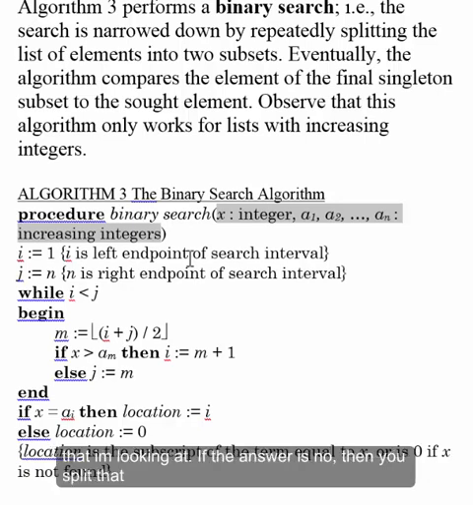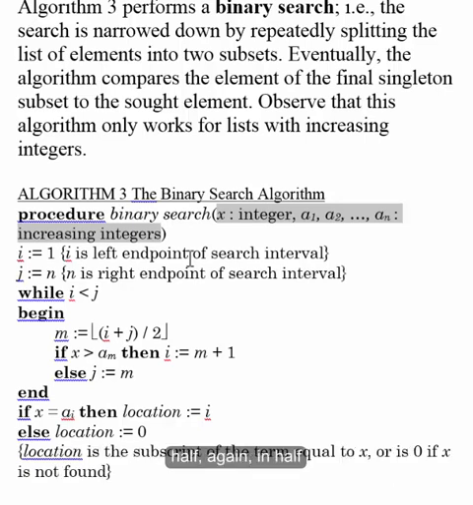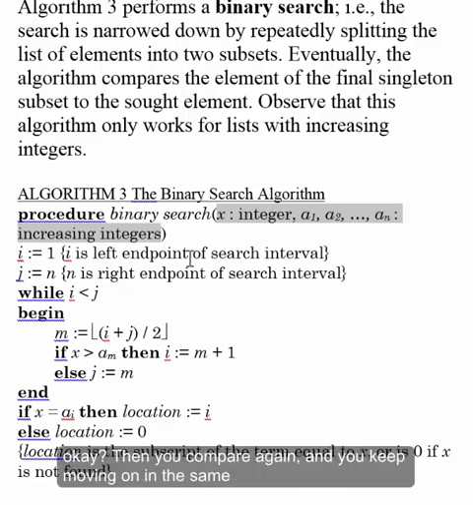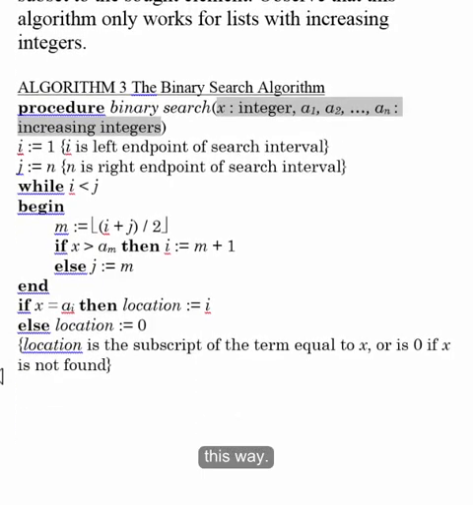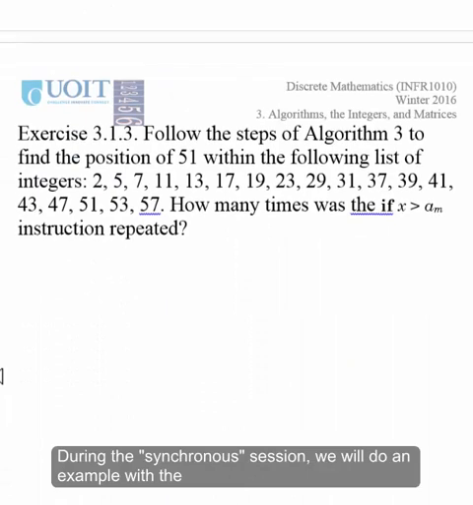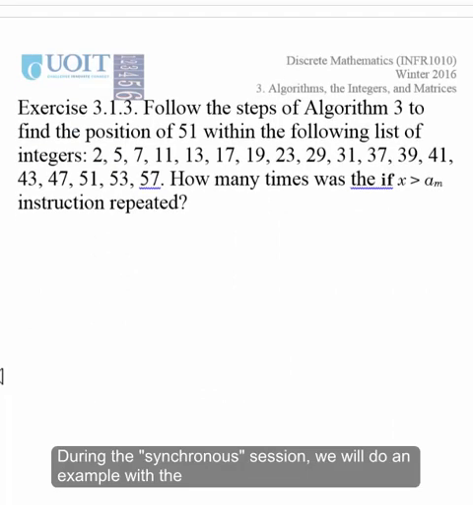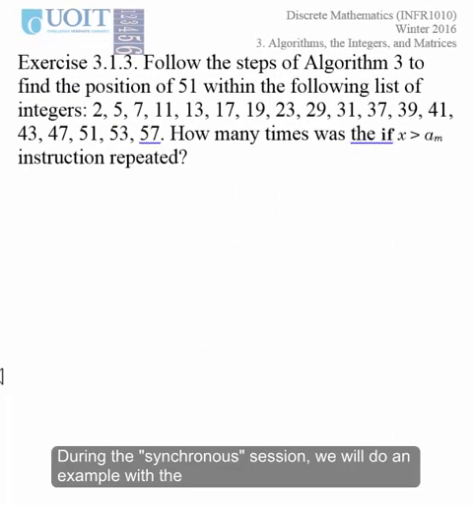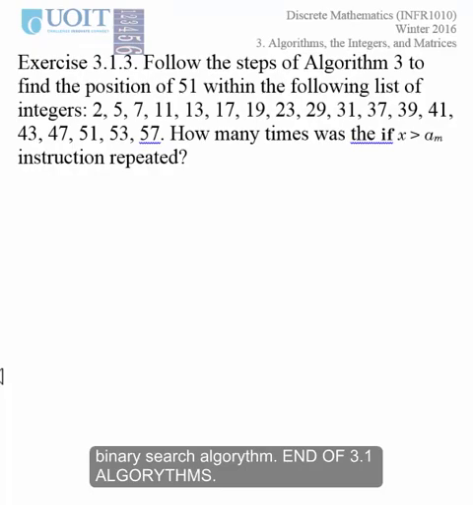If the answer is no, then you split that half again in half. Okay? And then you compare again. And you keep moving on in the same fashion until you find what you're looking for. Things are much easier this way. During the synchronous session, we'll do an example with the binary search algorithm.